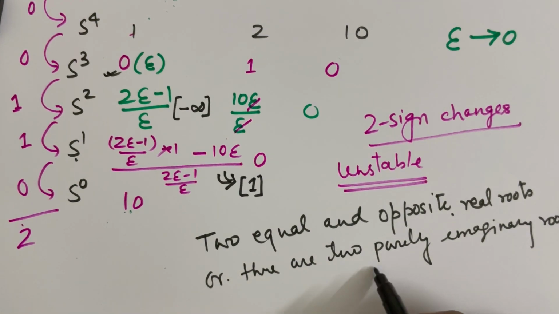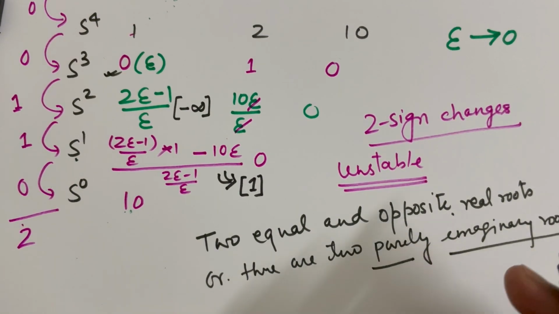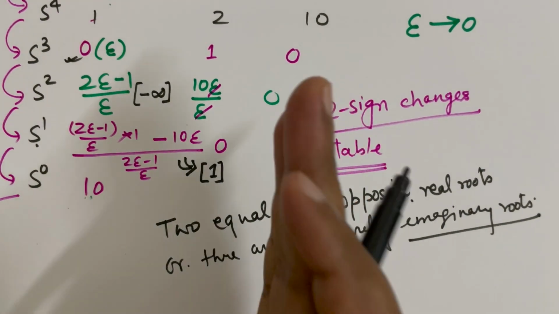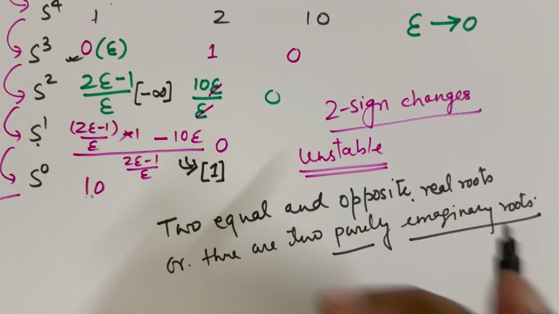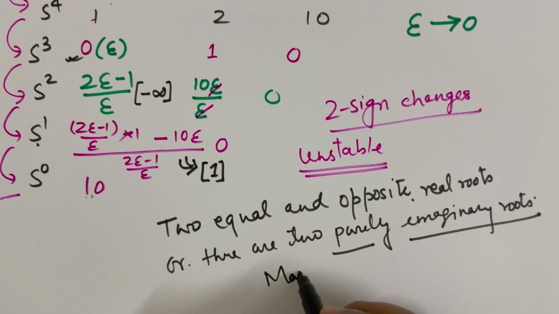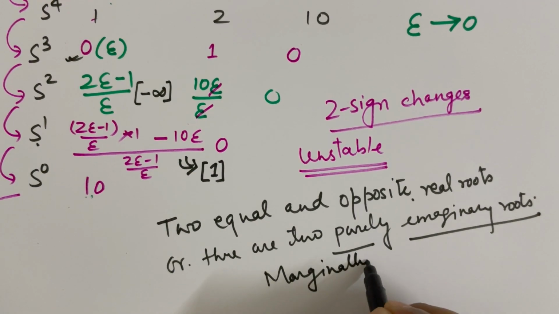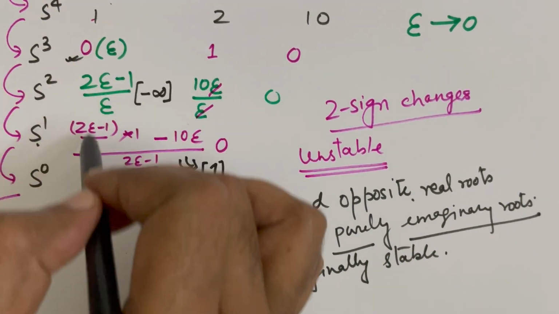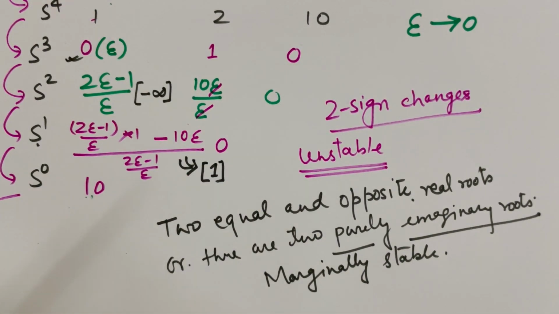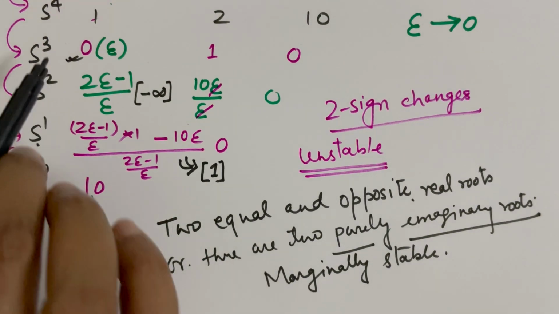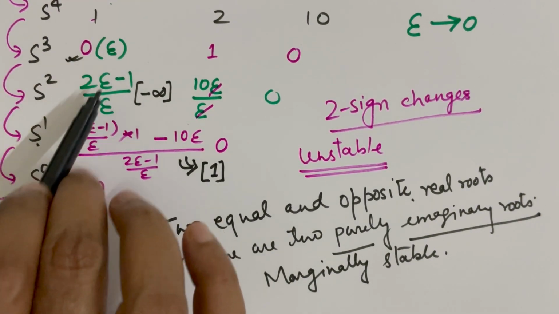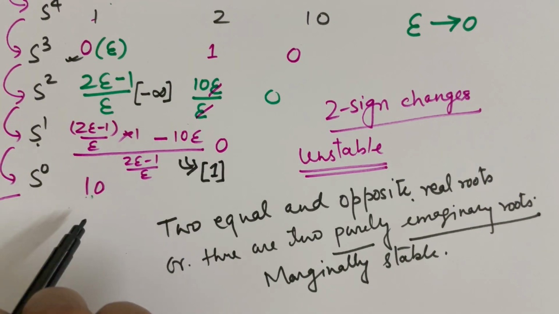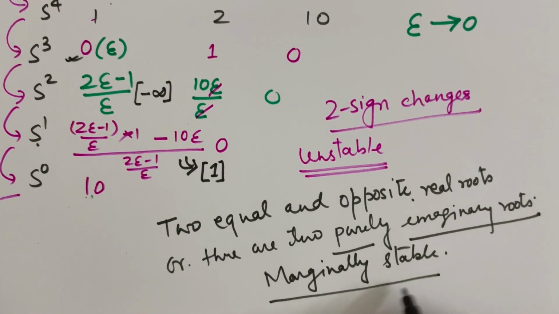If there are purely imaginary roots, that means those roots are on the middle vertical line. So those cases will be marginally stable, provided the first column has no sign change. If 0 has come without any sign change in the first column, then it is roughly marginally stable.